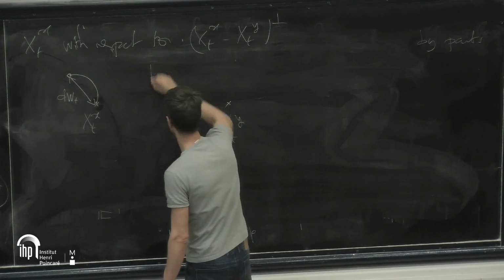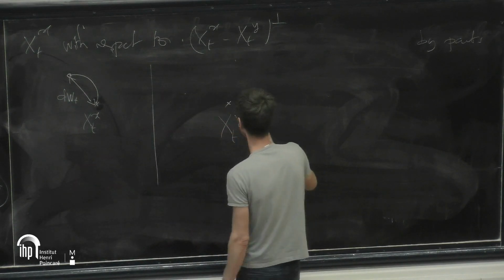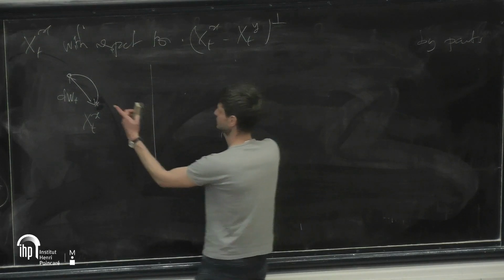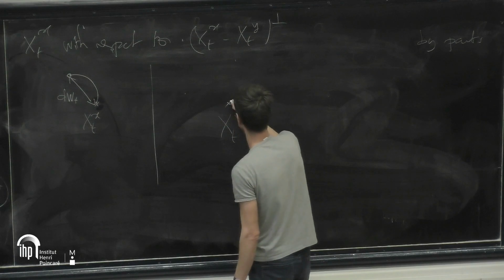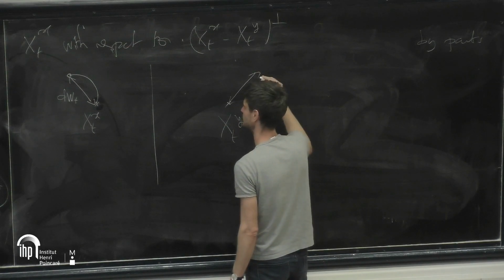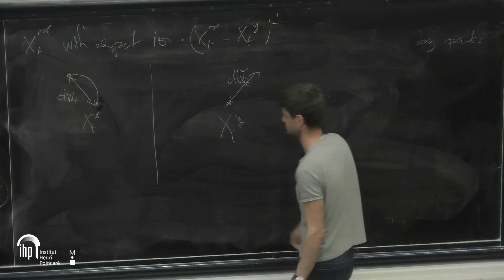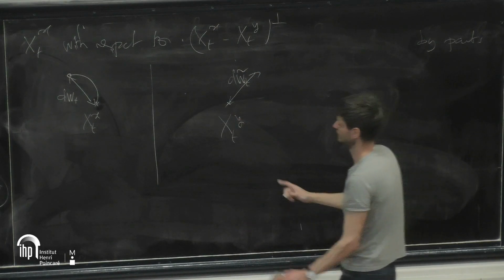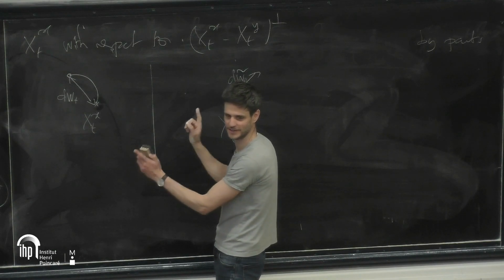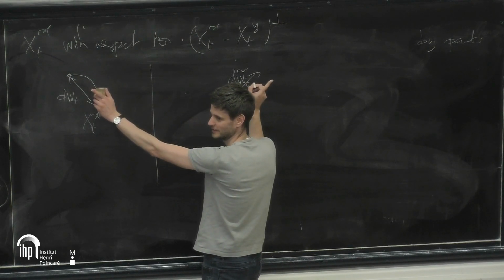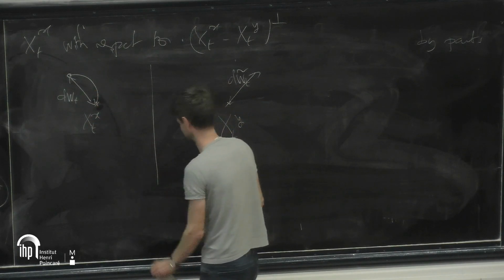And I will choose the Brownian motion here to be the reflection with respect to this hyperplane. I draw a picture where the reflection is not helping me, like it's going further apart. But in some cases, it will help me.